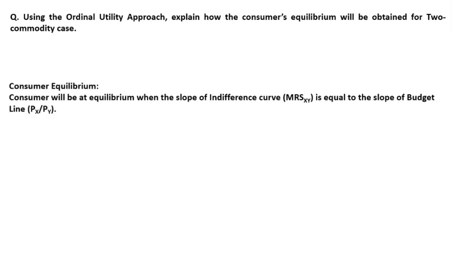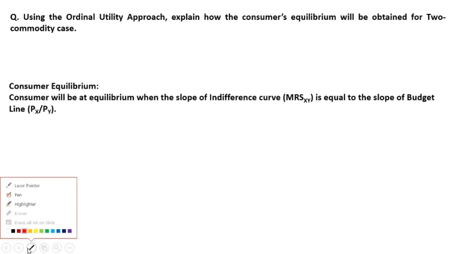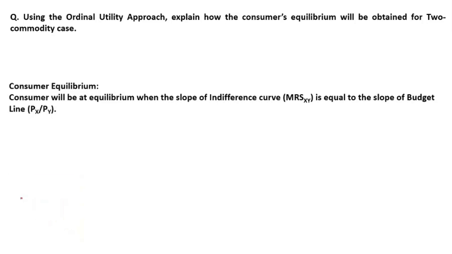Let us see the definition. Consumer equilibrium means it will be in equilibrium in this case when the slope of indifference curve is equal to the slope of budget line.